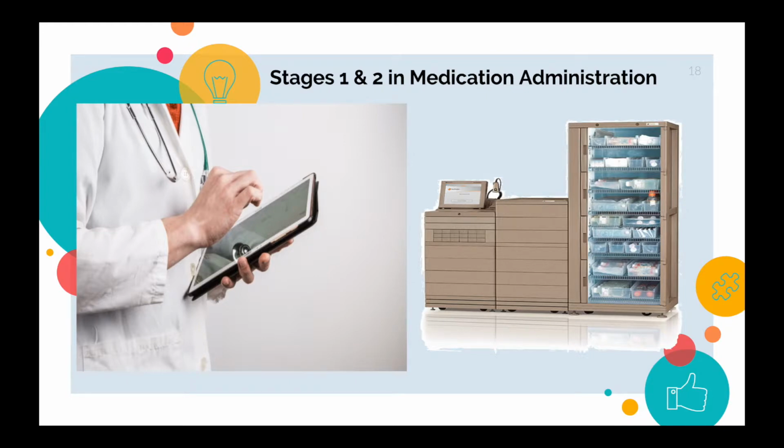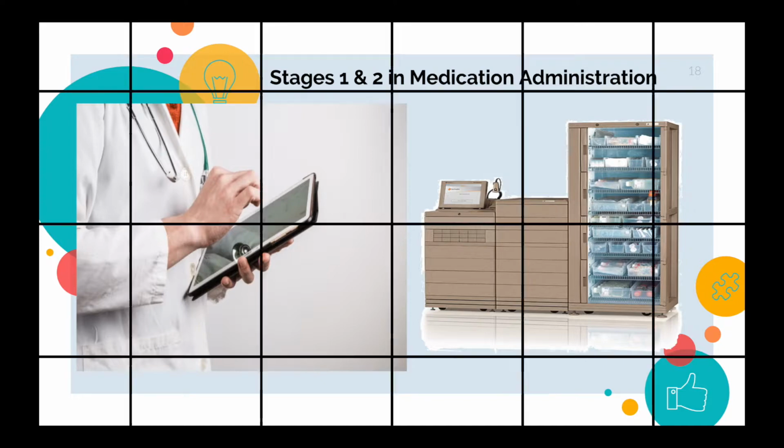The first stage of medication administration begins with the physician's order, which is entered electronically into an electronic health record chart like Epic. This order is then filled and dispensed by the pharmacist, and the medications are stocked into an automated dispensing machine like a Pyxis, which is another intervention in itself to prevent med error. When it's finally time to administer the medication, the nurse then logs into Pyxis and pulls the meds for the patient.